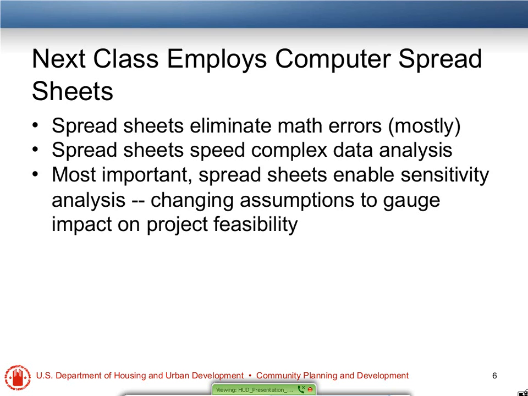The next class, we'll use our computer spreadsheets to basically get through the same information, but much more quickly. The advantage of the spreadsheet is that it eliminates most math errors.